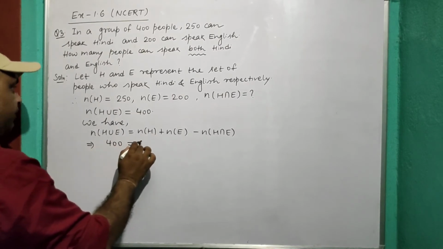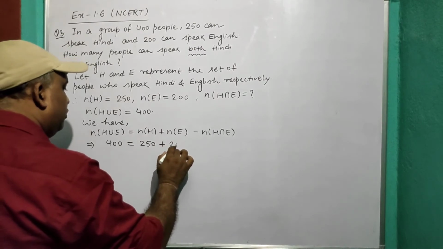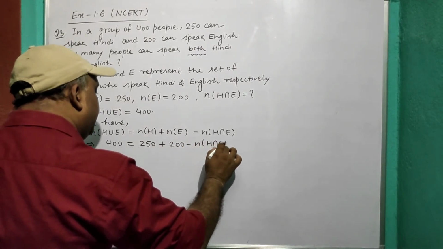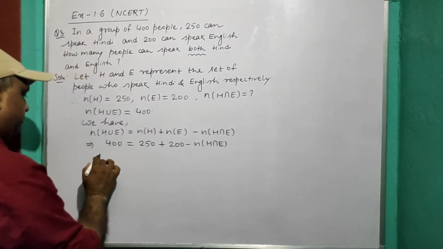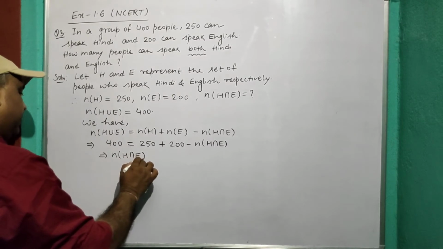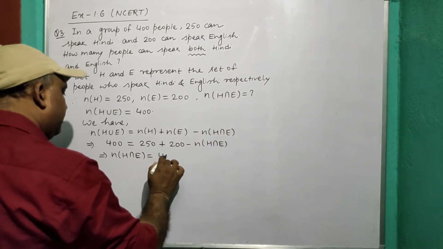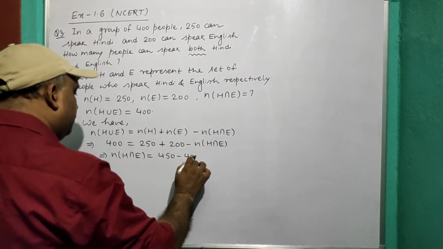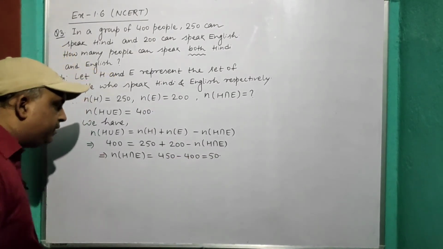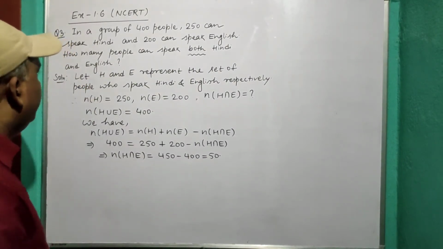This will be 400, this will be 250, nE is again 200, and this is n(H intersection E). From this you can write this H intersection E as 450 minus 400, that is 50. So it means that there are 50 people who speak both Hindi and English.